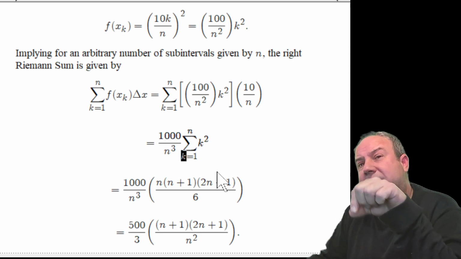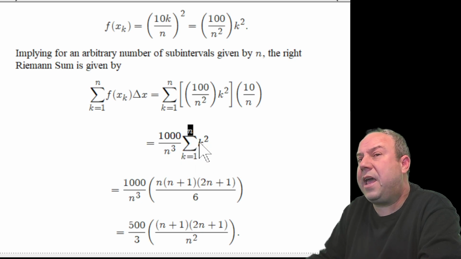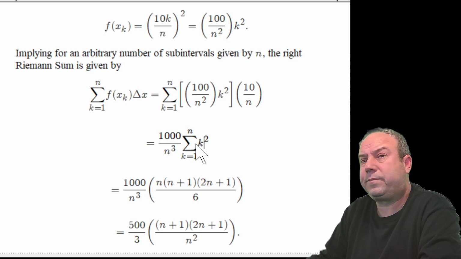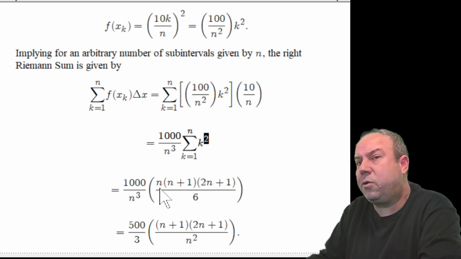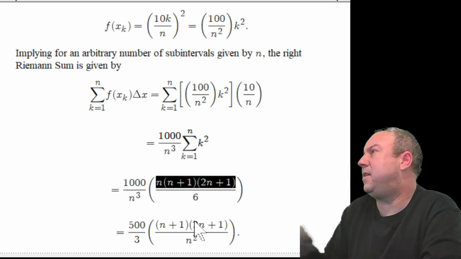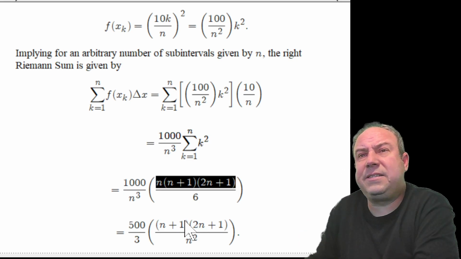So we can factor that out of our summation, and we're left with really just summing arbitrarily from k equals 1 to n the quantity k squared. And if we sum from k equals 1 to n the quantity k squared, we are left with the quantity n times n plus 1 times 2n plus 1 all divided by 6.